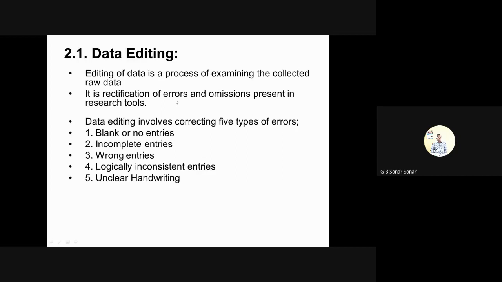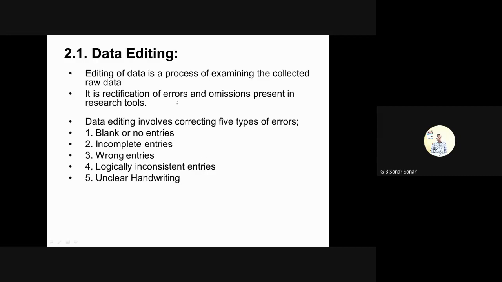And after data collection, they go back. They will not be there with the researcher. And if the answers are written not clearly, which nobody can understand other than who has written it, and the person is not with you while processing the data, it is difficult to understand what the answer is.